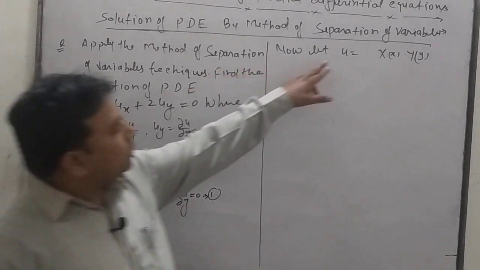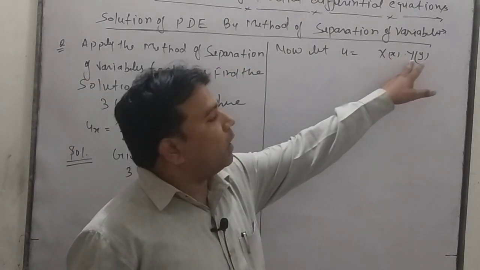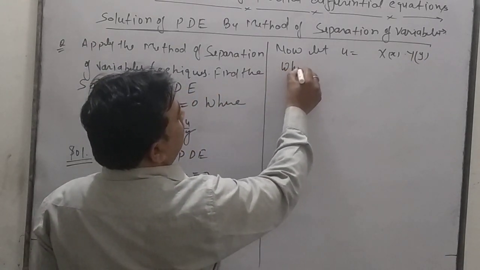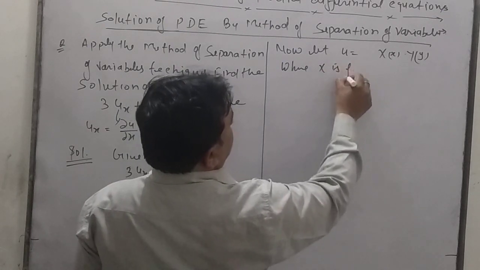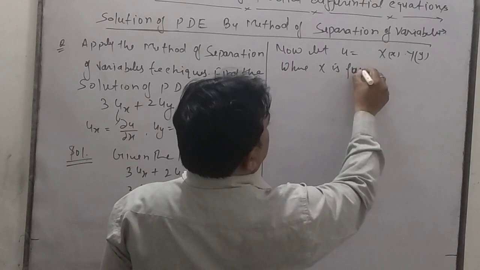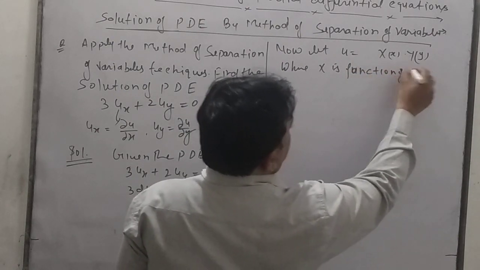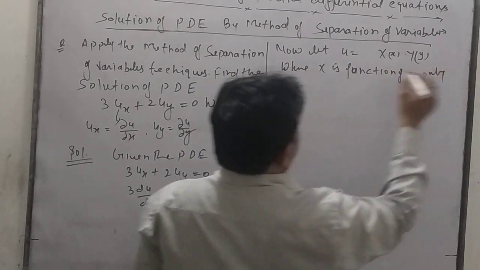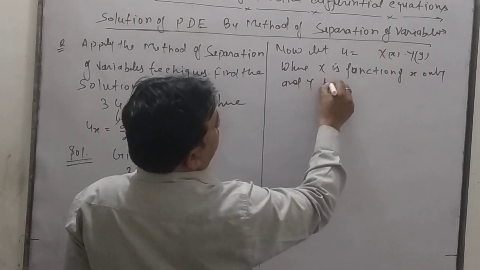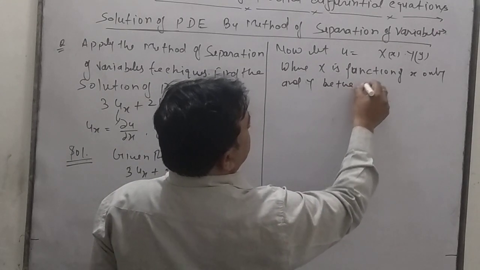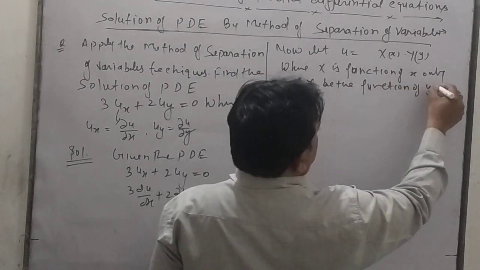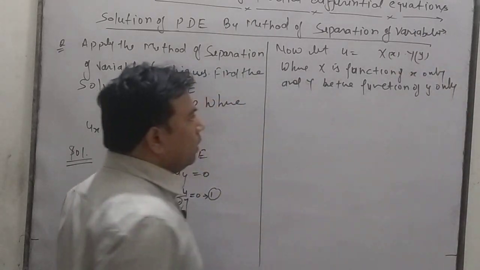Now let u = X(x) Y(y), where X is a function of x only and Y is a function of y only.